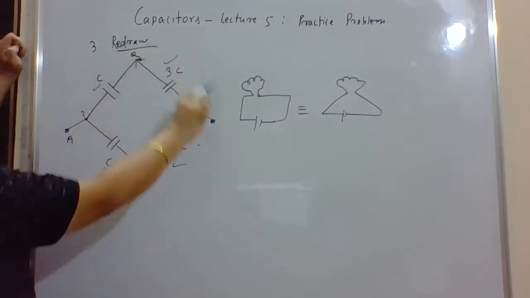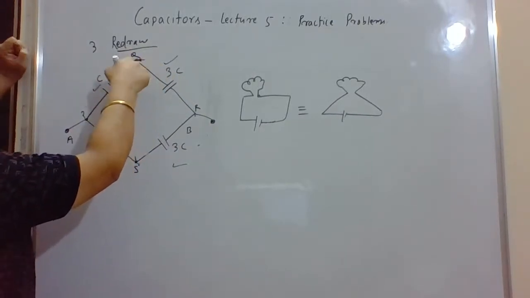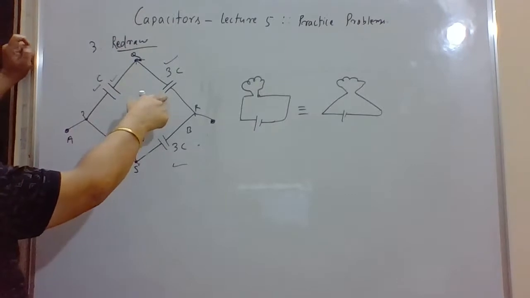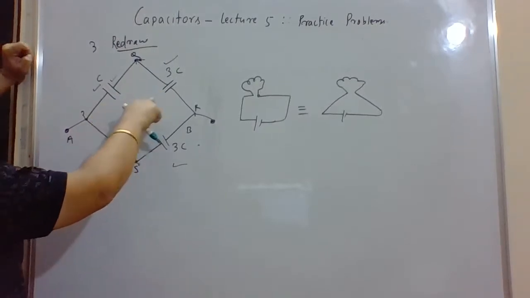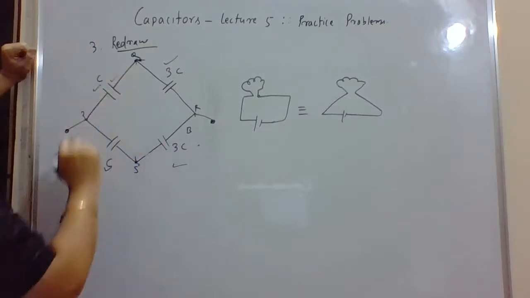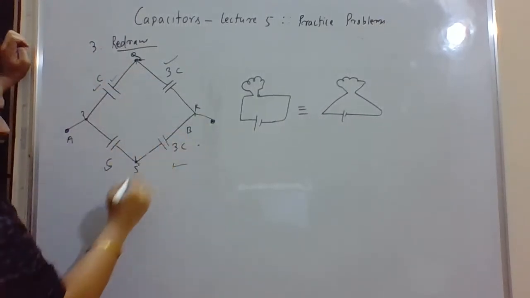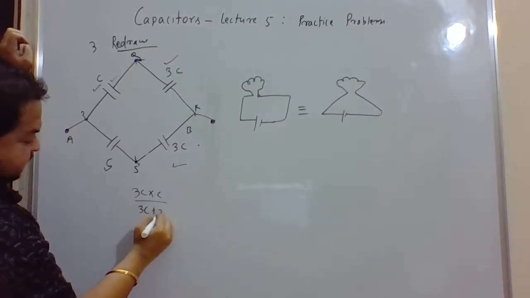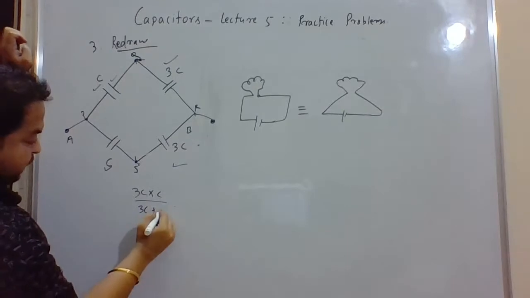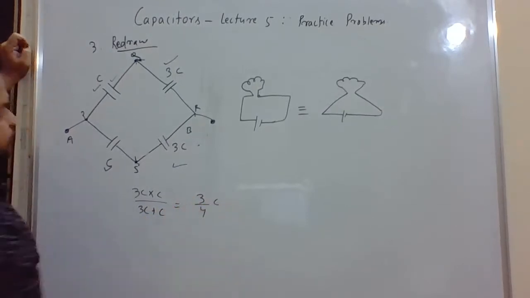On the upper side, this one and this one are in series because at point Q, there are two and only two. So as per the lovers couple rule, they are a happy lovers couple and they are in series. So the equivalent capacitance on the upper half is 3C into C by 3C plus C, which is nothing but 3C by 4.